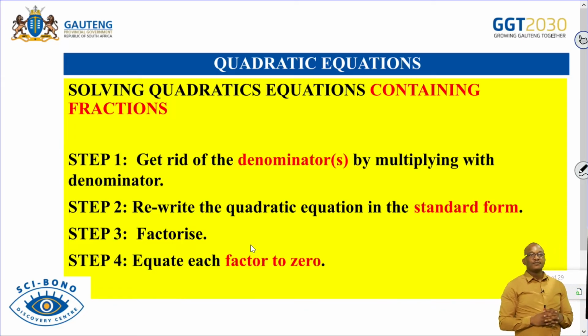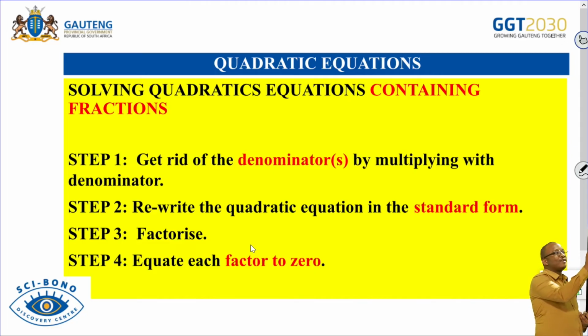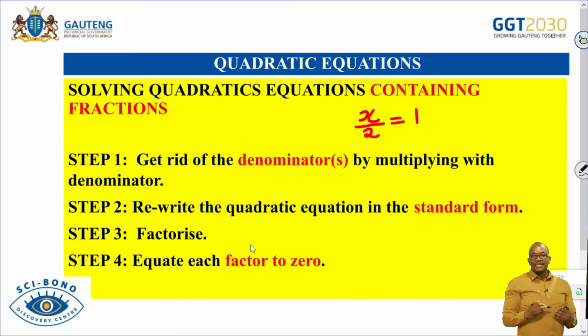The first one, it says you must get rid of the denominator or denominators by multiplying with the denominator throughout. So what it means here, step 1, if ever I have x all over 2 is equal to 1, you must get rid of the denominator by multiplying by the denominator.